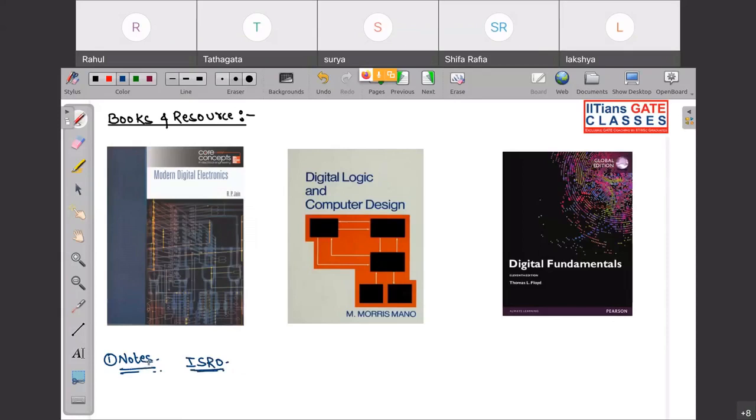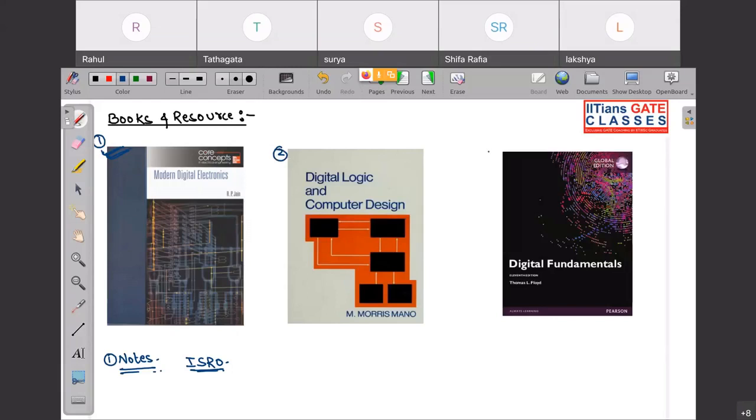Now, if you ask me, sir, any other resources that we can refer? The first book I will say is RP Jain. This is a very good book, very basic, written in very lucid and easy language. The next book you can read is Morris Mano. All the books are available digitally also. You can search for PDF, you will get all the PDFs.